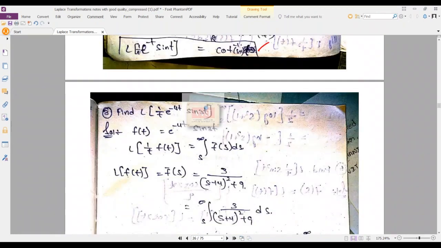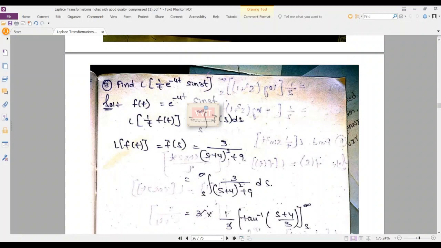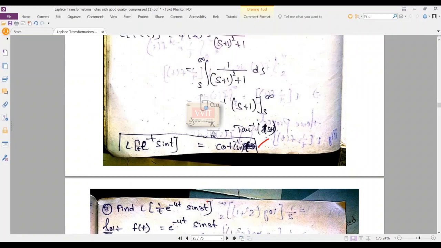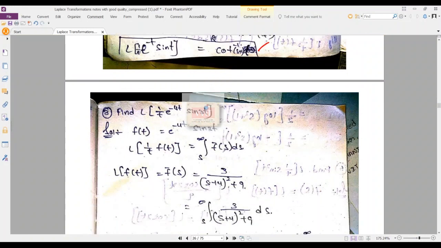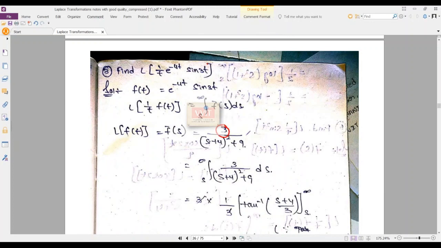Here also the same. L of sin 3t by t. Sin 3t by t means 3 will be there in the numerator to the earlier function, and 9 in s square plus 9. So 3 will be there in the numerator, here it will be 9. So finally here 3 by s square plus 9. That is f of s. That's integration, 1 by 3, the 3s get cancelled.